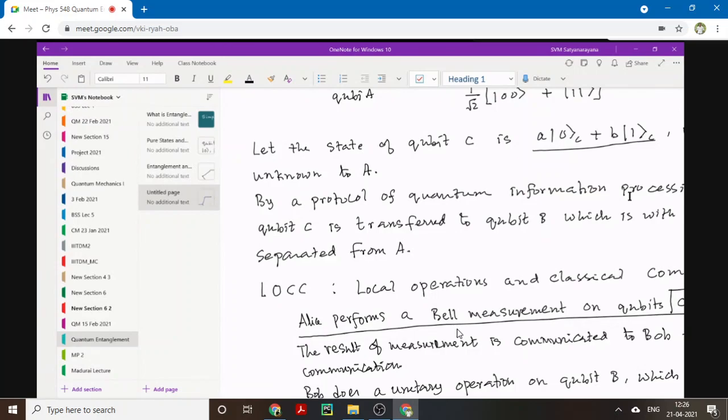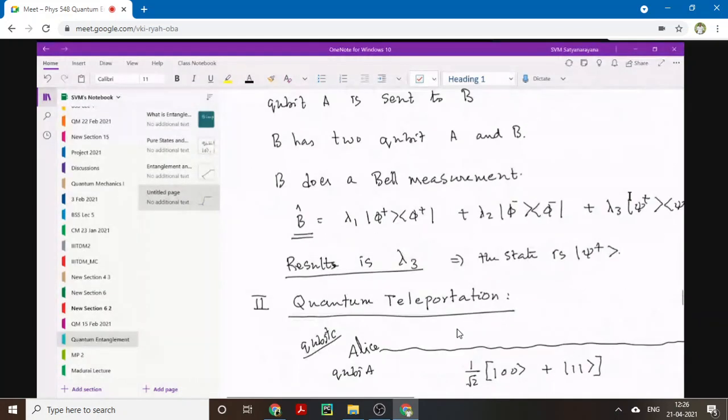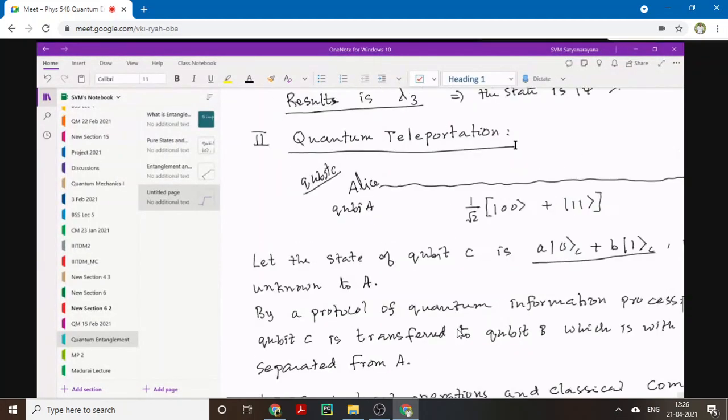So I gave two examples here, which are purely quantum information processing examples, which use entanglement as a resource and do something non-trivial, which cannot otherwise be done classically. Okay. So I will stop here.